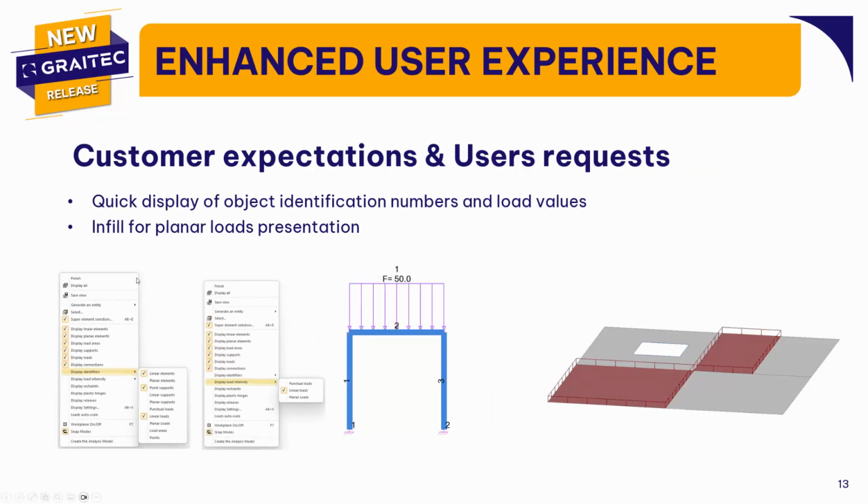For example, an option to quickly display the identification numbers and load values on the 2D view of the frames, as well as adding the area, a meshed area or infill area, to display the planar loads or uniform loads on the slabs much better and more visibly.